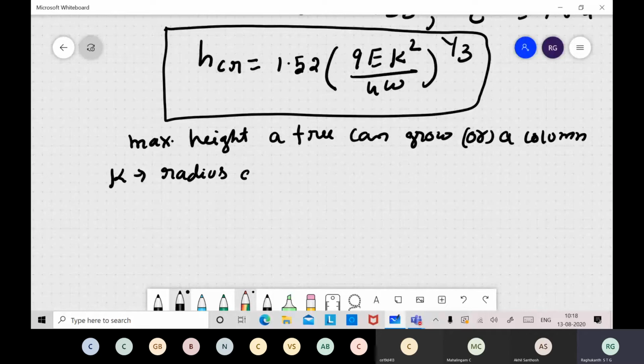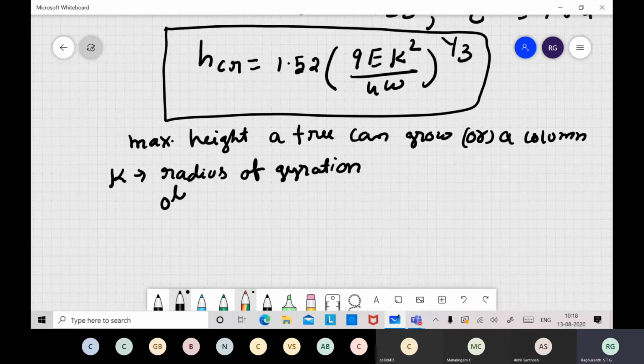Now for a circular cross section, what is the radius of gyration? Can anybody tell us? For a circular cross section, you can easily find A into k square.